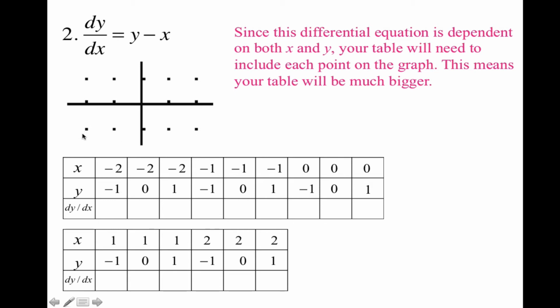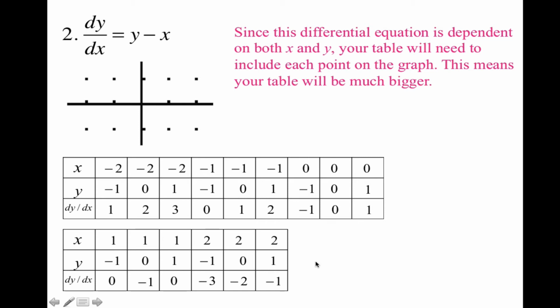That means I want to find the slope of the tangent line that I will be drawing specifically at this point. I'm going to put -1 in for y minus -2 for x, which will give me a slope of 1. Then I'm going to keep doing this for every single one of these points until I get all of my slope values.